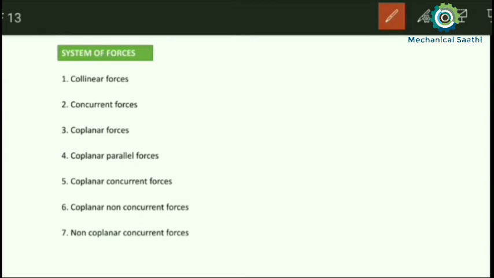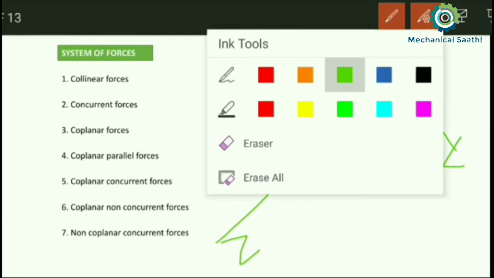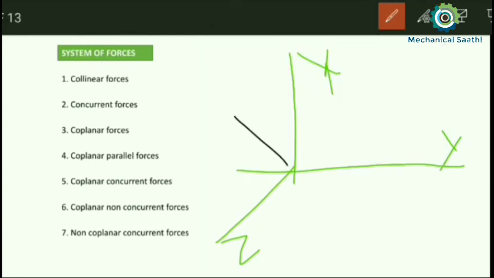Suppose this is the xyz axis, with x, y and z axes. Suppose there is a force in the yz plane, another force in the xy plane, and another force in the xz plane.